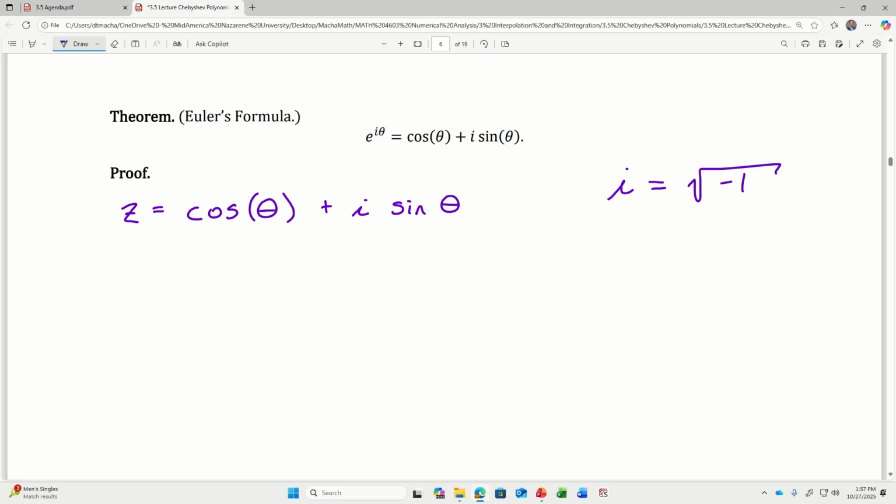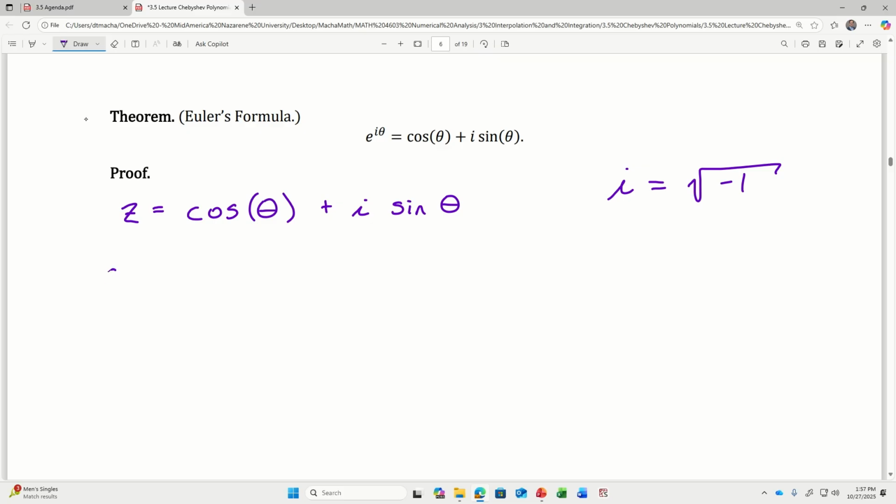And so I say z is a complex number because it's got a real part and an imaginary part. If theta is a real number, then cosine of theta is a real number, sine of theta is a real number, so the i times sine theta is the imaginary part of this complex number.